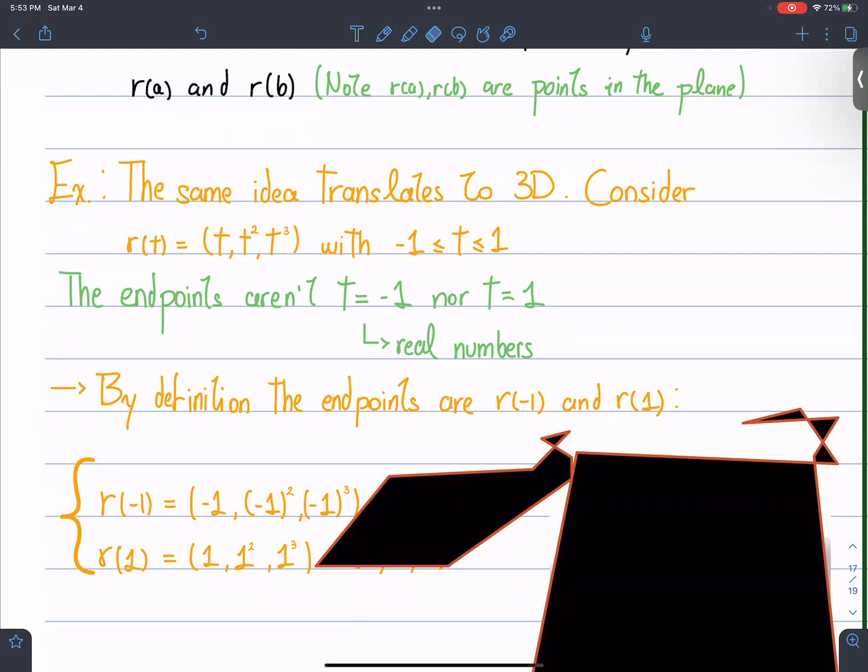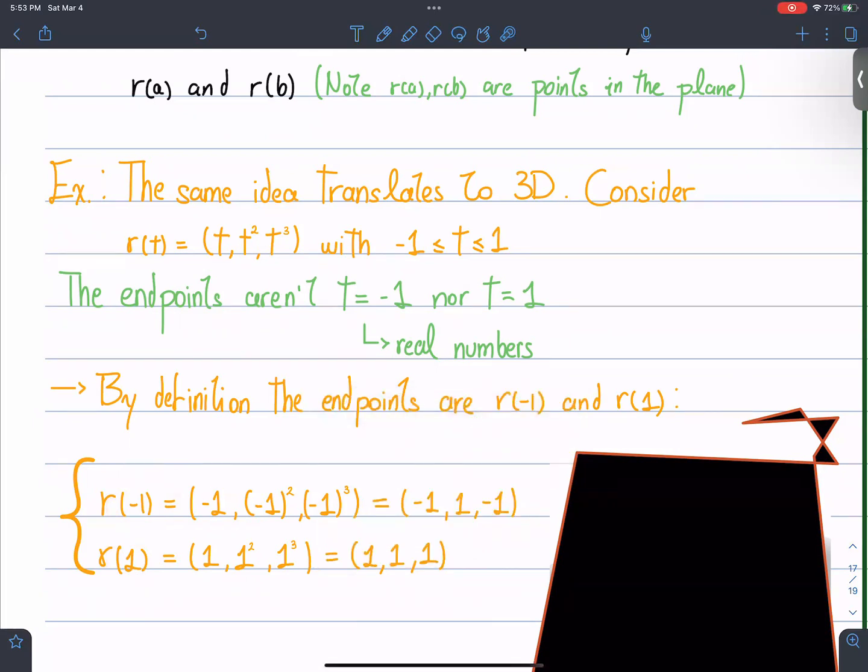We get -1, 1, and -1, because -1 cubed is -1. And any power of 1 is 1. So these points are points in 3D space, and they correspond to the endpoints of our curve.